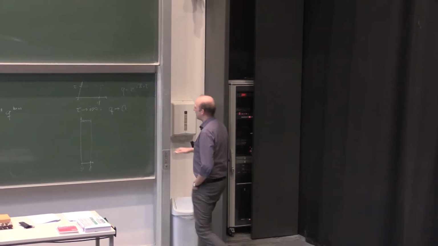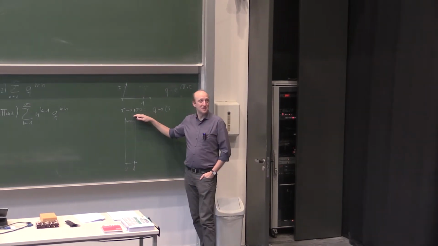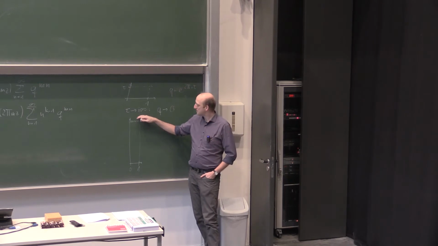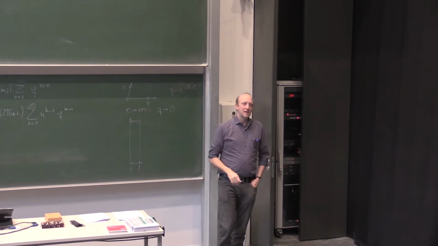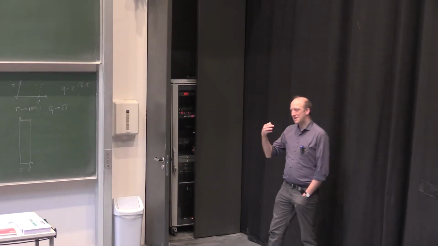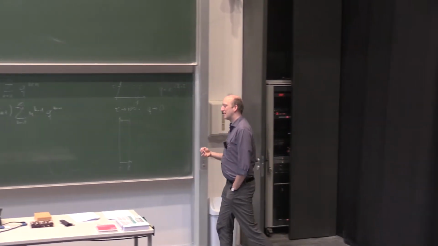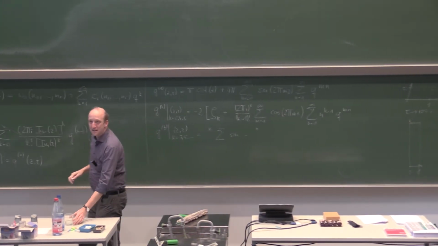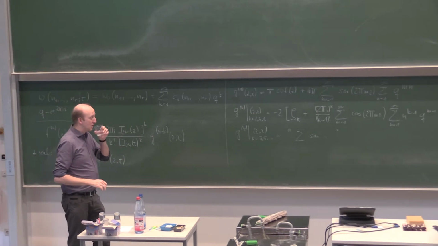But this is the implementation of this procedure in the language of elliptic multiple zeta values. So this limit is called the cusp. So that's the point where you actually lose the nice differentiability and everything on your Riemann surface, because you get a cusp if you take the tau goes to i infinity limit.